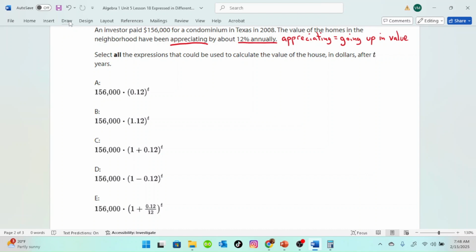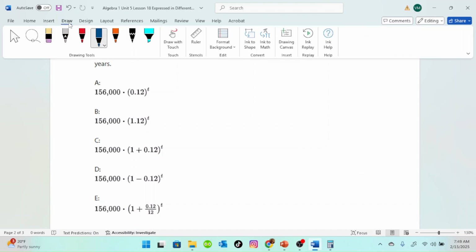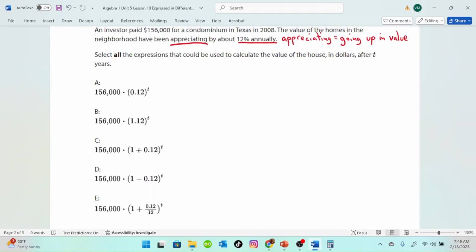So if we look at A, it is taking the starting amount times 0.12 to the power of t. This is multiplying by 12%.